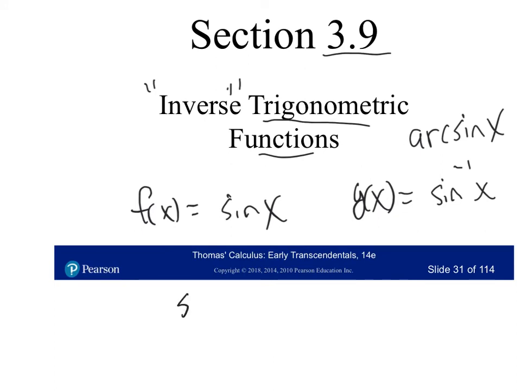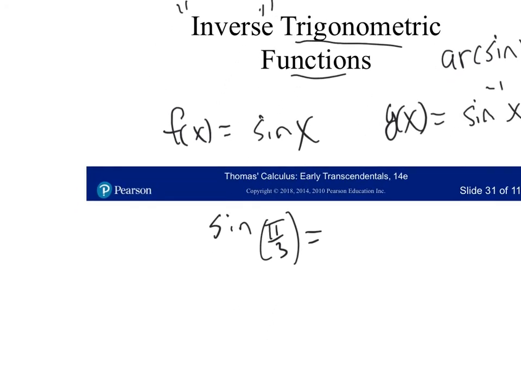If you do sine of, let me just pick an arbitrary angle, pi over 3, and want to calculate that value. If you don't have it memorized, we know it's a 60-degree angle. So on a right triangle, if that's a 60-degree angle, I can take that triangle and label my sides.